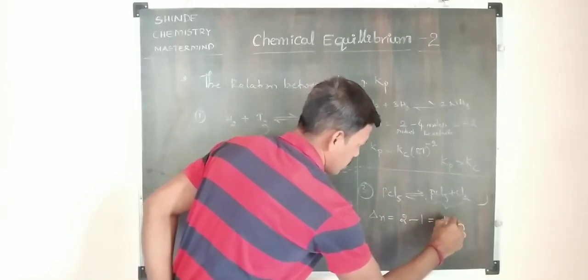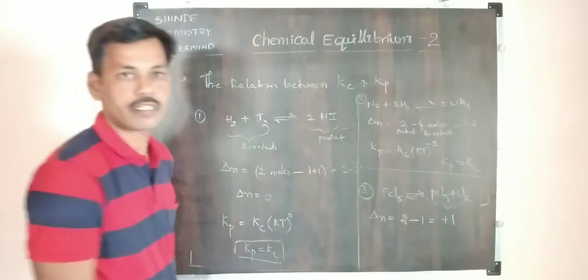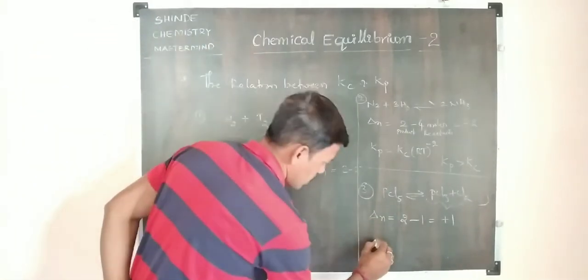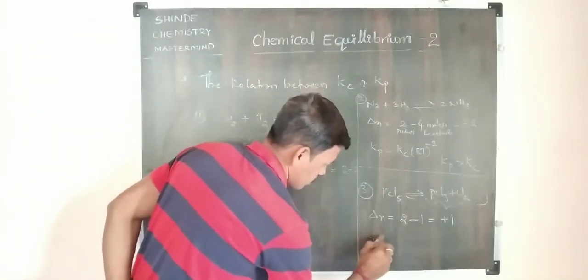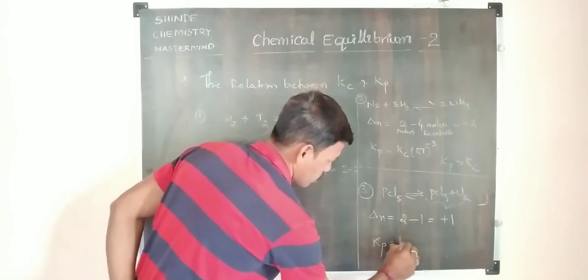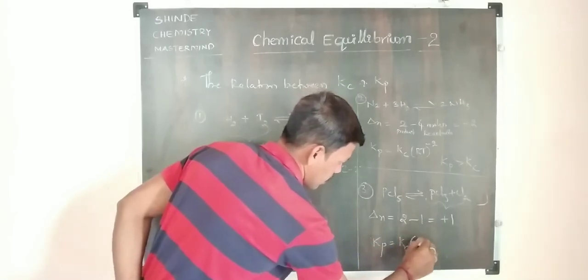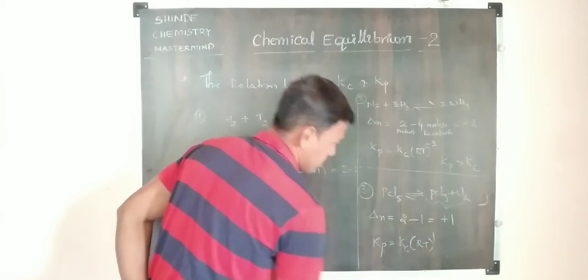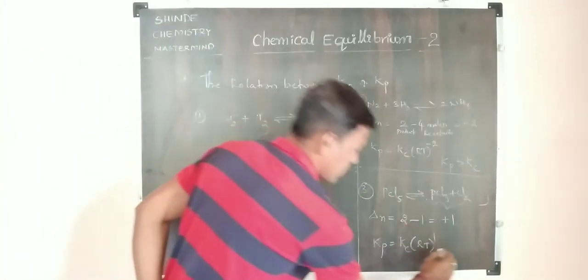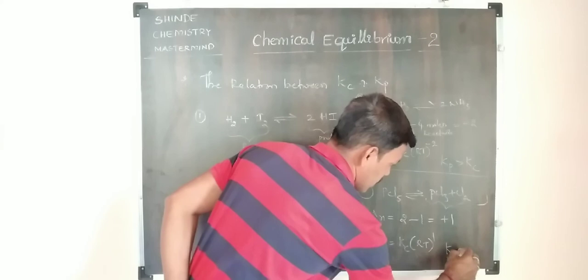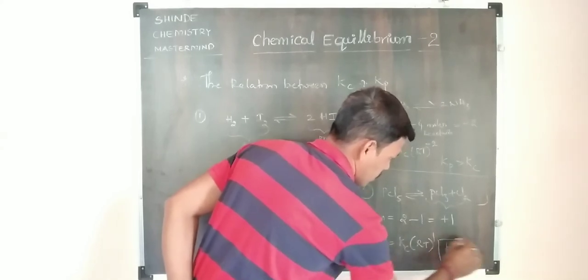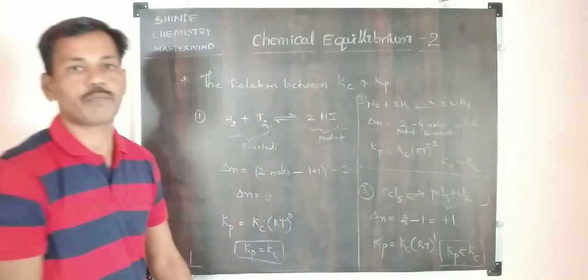So the delta n value is positive, plus 1. So Kp is equal to Kc (RT) to the power 1. So in this condition Kp is greater than Kc.